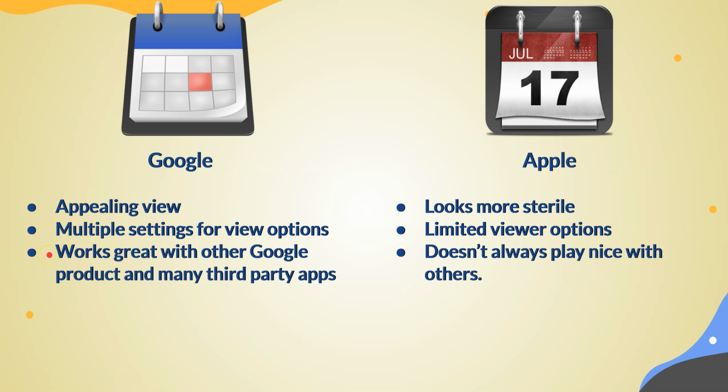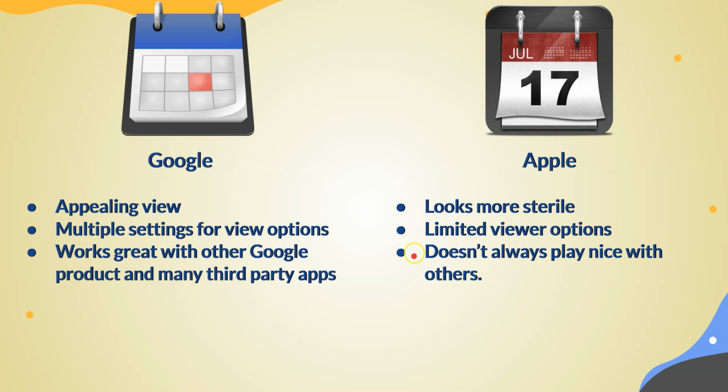With Google, it works awesome with other Google products, and also it works with a lot of third-party products as far as scheduling events. I know that my Google Classroom, if I have that calendar set, it will put those on my Google Calendar. Also, anything that comes across in Gmail with dates or times, it will add those to your calendars as well.